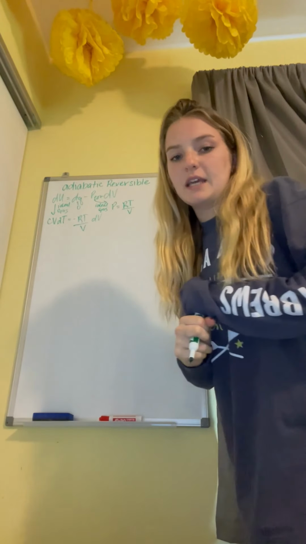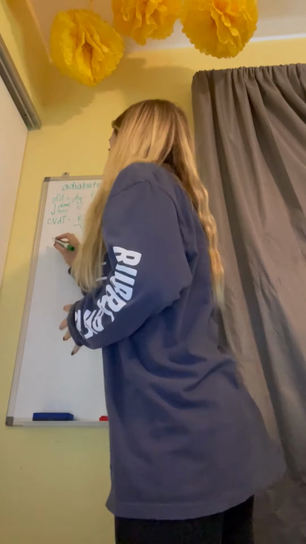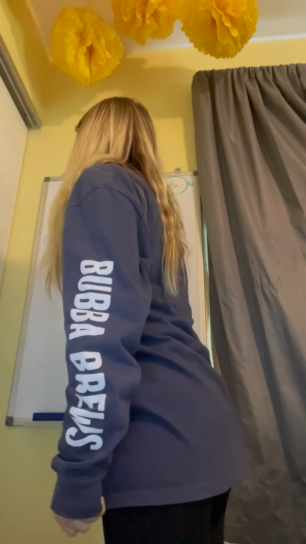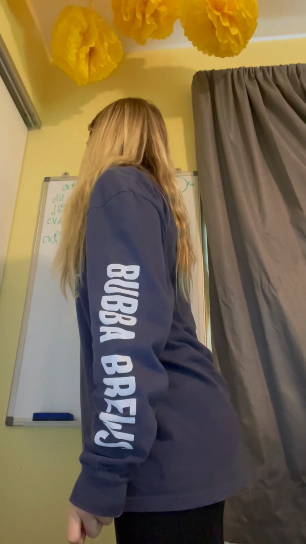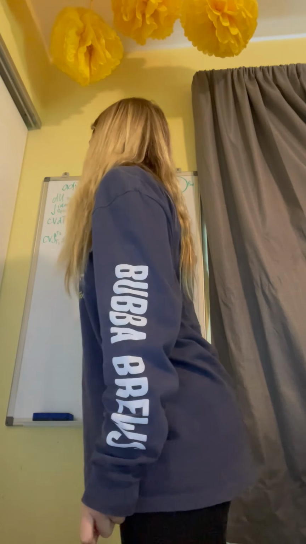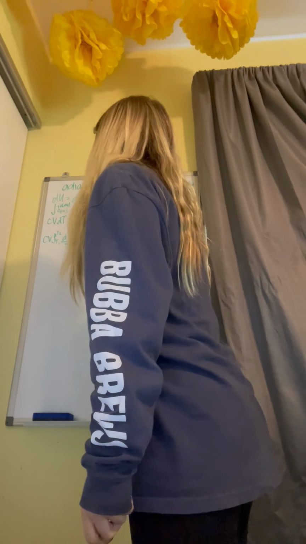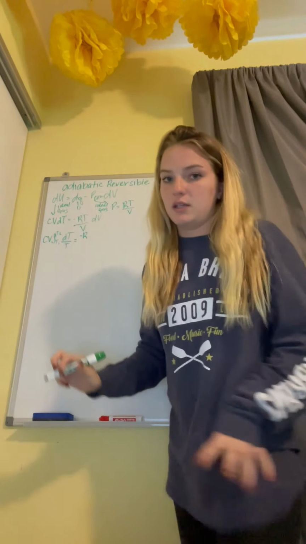So now we are going to take the integral of both sides. Cv and R are constants in this situation. So we're going to have Cv outside of the integral, and then we're going to have the integral from T1 to T2 of dT divided by T. So we're bringing this T over. And then negative R is also a constant in this situation.